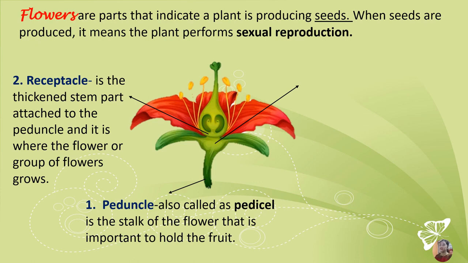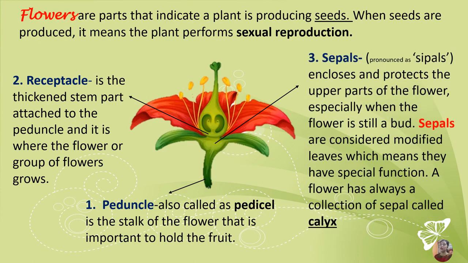Number 3, sepals, encloses and protects the upper parts of the flower, especially when the flower is still a bud. Sepals are considered modified leaves, which means they have special function. A flower always has a collection of sepals called calyx.